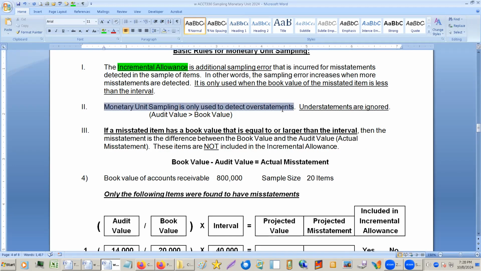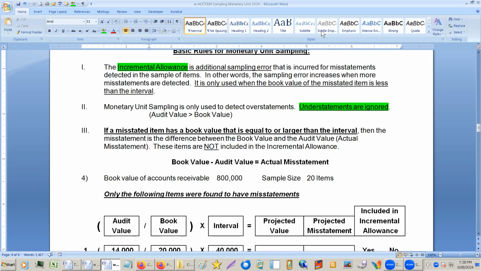Monetary unit sampling is only used for overstatements. Understatements are ignored. And this one really bugs me. I think it bugs auditors in general and maybe accountants too, that you can find a misstatement that you just ignore if it's an understatement.